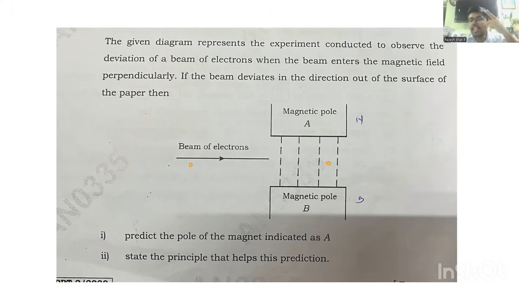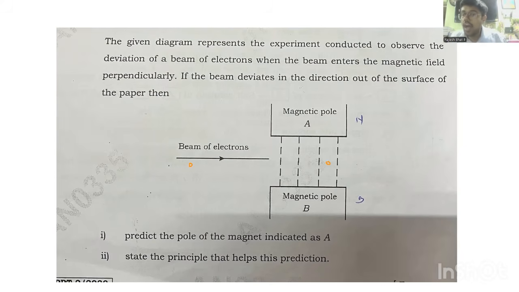Now what is Fleming's left hand rule talking about? Is it talking about electrons? No, it is talking about current. This finger is talking about current. Now for this diagram, what should I do? Okay, see my fingers properly. I should find out which is the north pole and which is the south pole.